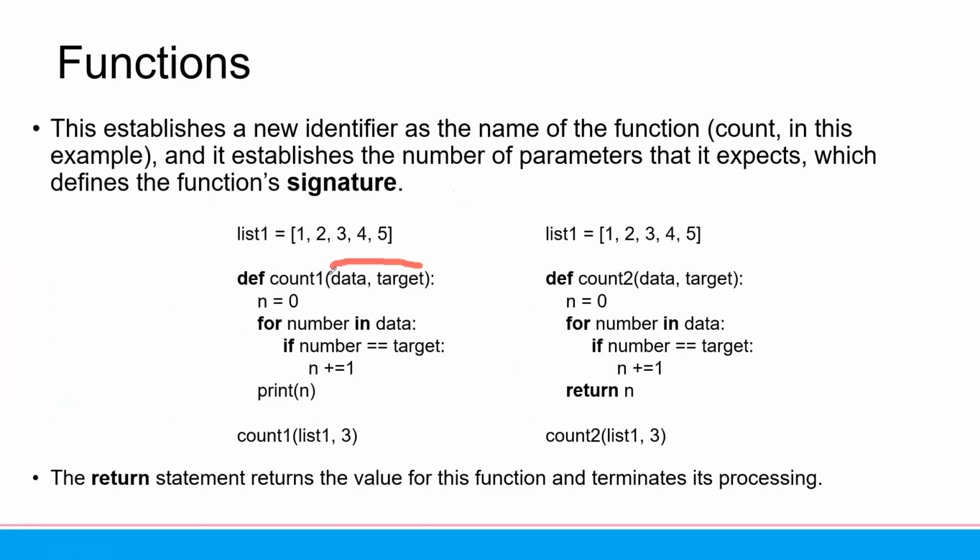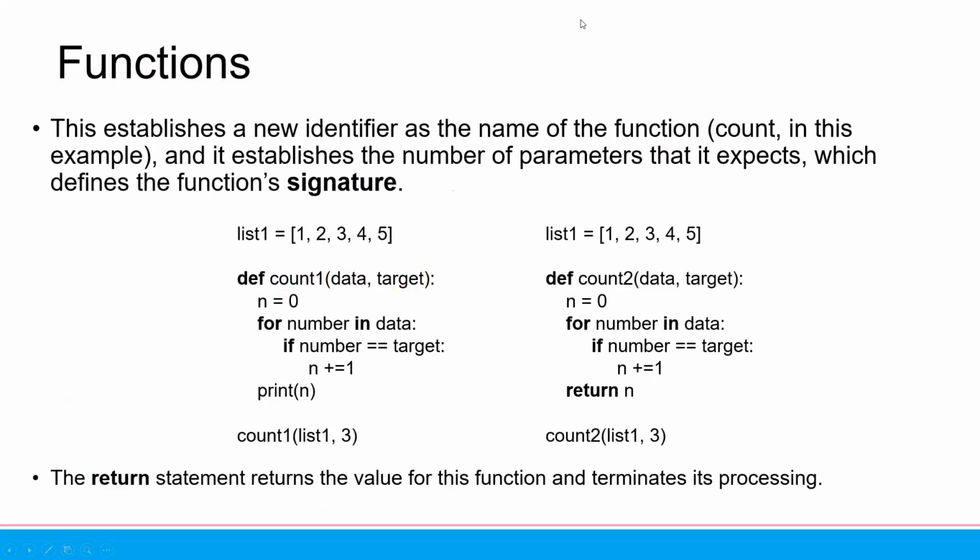We call this the function signature. In this case, I have a function named count1, and I have two parameters. The first parameter is data and the other parameter is target. Now, I can define these parameters as any data type.